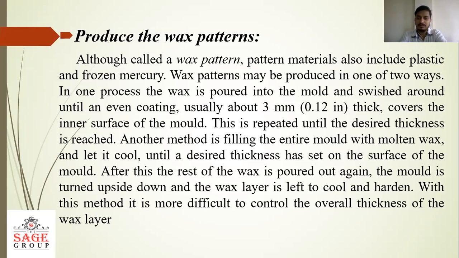Another method is filling the entire mold with molten wax and letting it cool until a desired thickness has set on the surface of the mold. After this, the rest of the wax is poured out again. The mold is turned upside down and the wax layer is left to cool and harden. With this method, it is more difficult to control the overall thickness of the wax layer. So this is the third step.